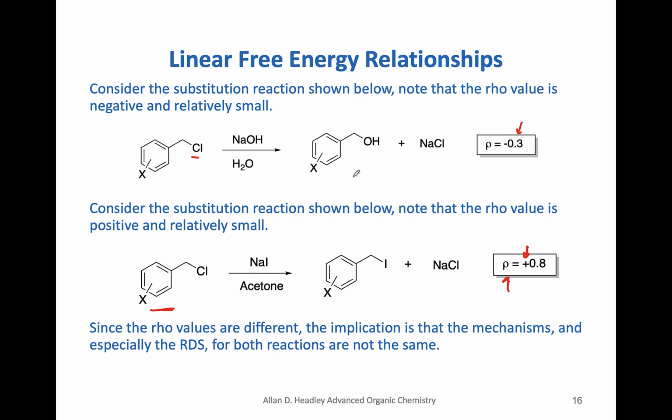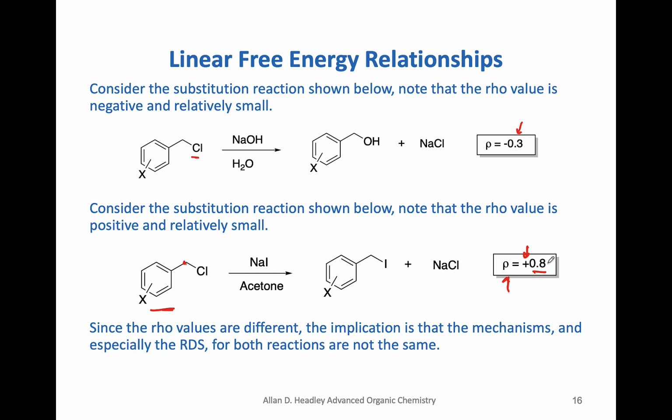But that means that this is not a carbocation here, but more than likely a partial negative or a negative charge next to the benzene ring. So we can assume here that as this reaction proceeds in the transition state, this carbon here is going to be partially negative or negative, but not positive. And of course, we can see here 0.8, it's not very sensitive as benzoic acid to changes in substituent.